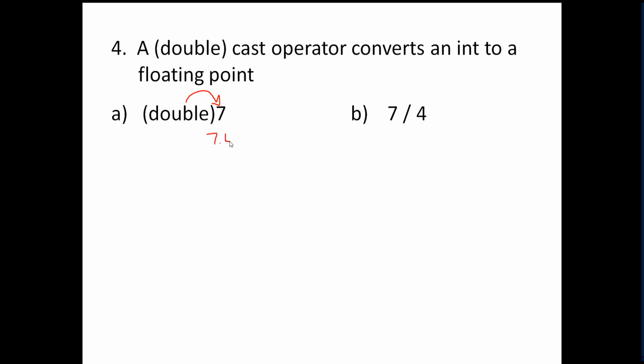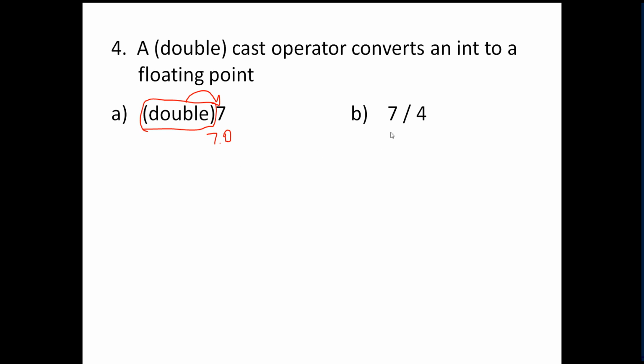Now you remember, of course, that this happens automatically when you're trying to store an int in a double. So you don't have to do this normally on an int. You use it when you're doing a calculation, but as far as storing, 7 will be stored in a double automatically as 7.0.